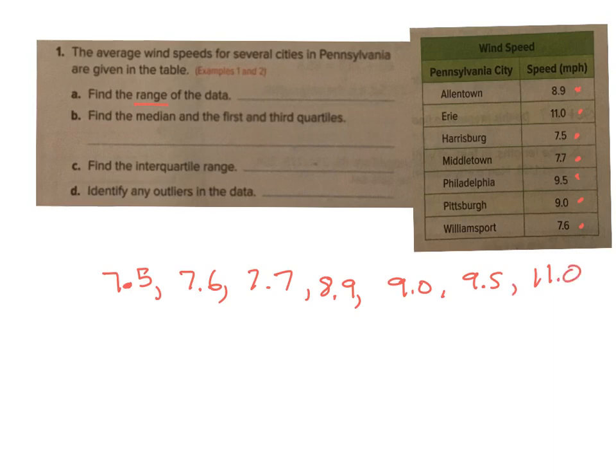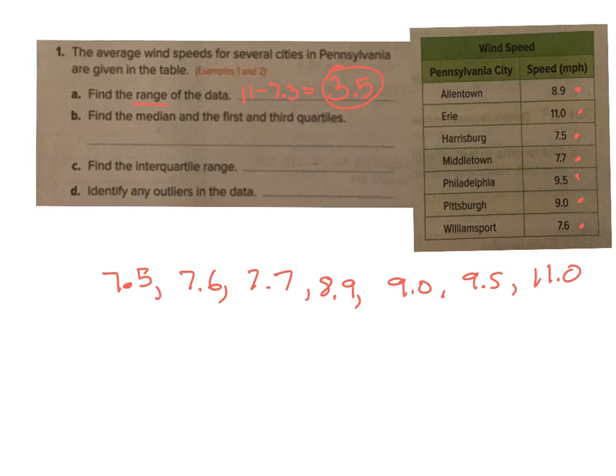So now, to find the range, I'm going to do 11 minus 7.5. And when I do that on my calculator, it equals 3.5. So I got the range. That's the range of the whole data set. But we want to go a little smaller. We can go smaller than that.